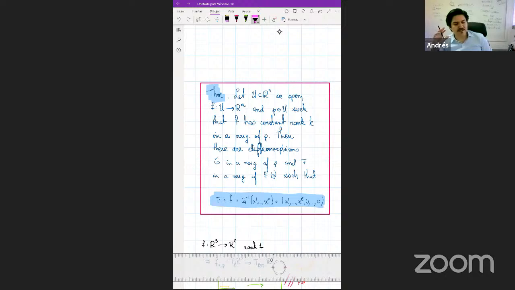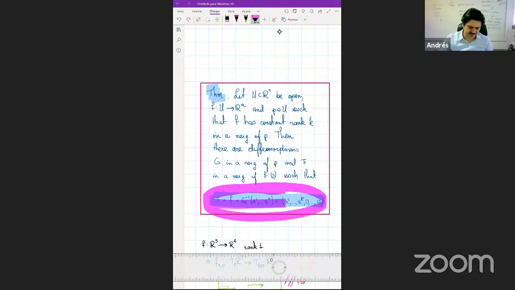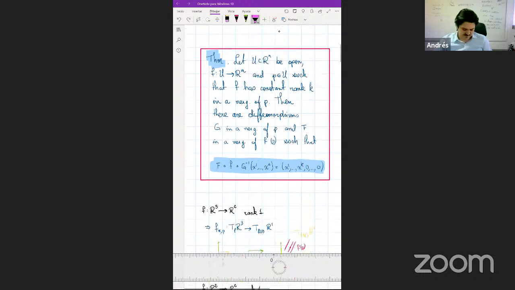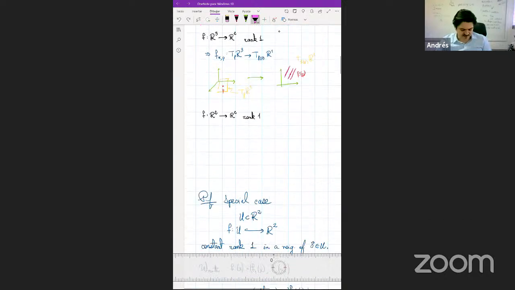And what I'm saying is, nearby I can find coordinates so that the function looks like this. This k is the rank of the map at P or nearby. Great, so let's prove this.